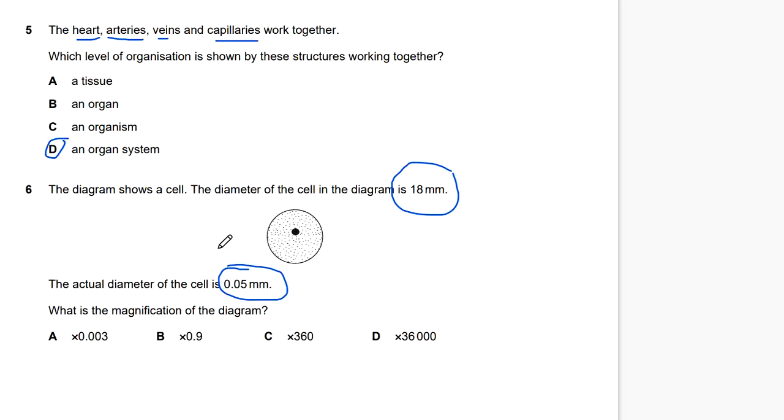So we only have to divide 18 millimeters by 0.05 millimeter. Of course, the correct answer for that is times 360, for letter C.